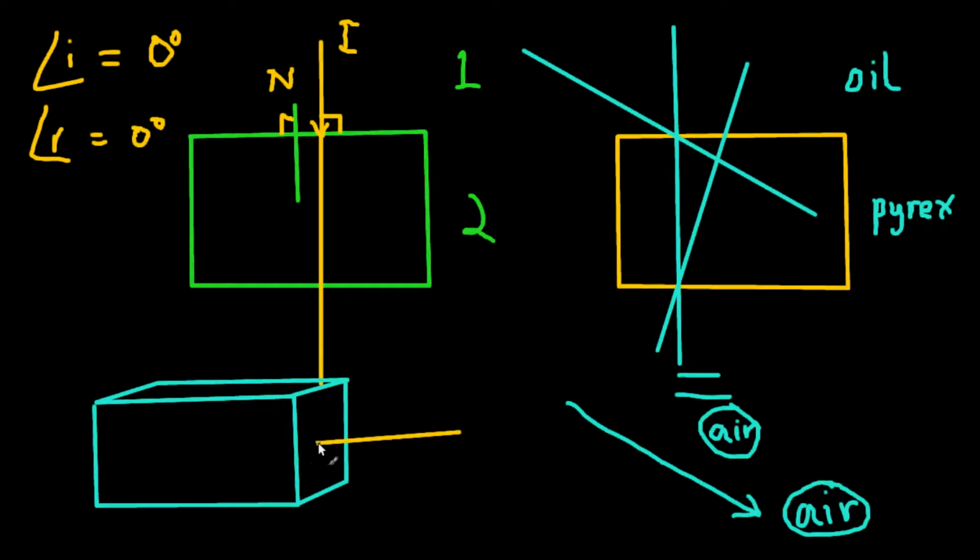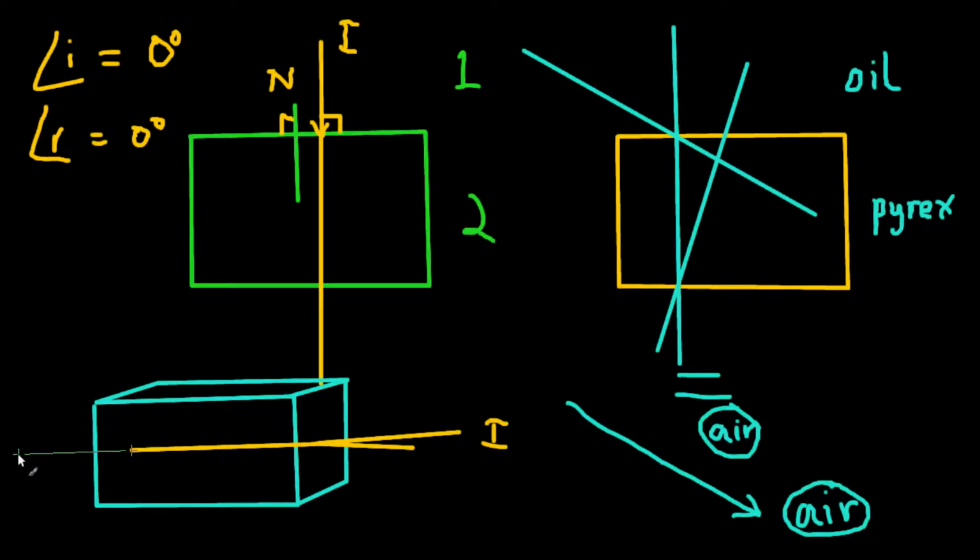A normal, you could imagine, would be something like this, going through it like this. This is your incident ray here. And once it gets refracted, you can't really see reflection in this diagram because it's a side view, but it should be something like this. And then it'll come out again like this.